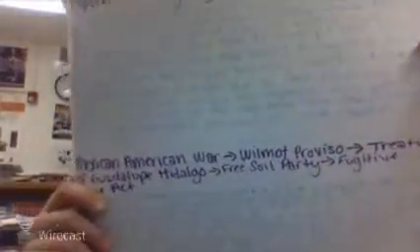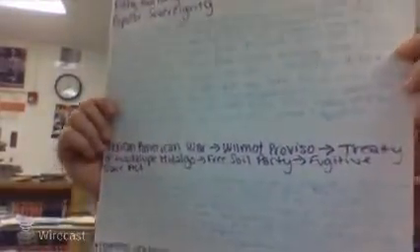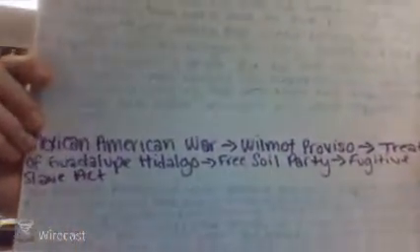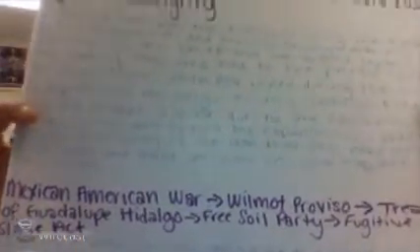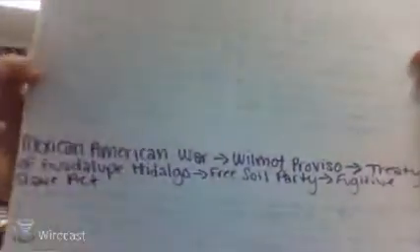So the big jump that they had, and they brought it down here, is the Mexican-American War and what comes after that. The Mexican-American War happens in 1846. It starts with a border dispute between Mexico and the southern border of Texas.